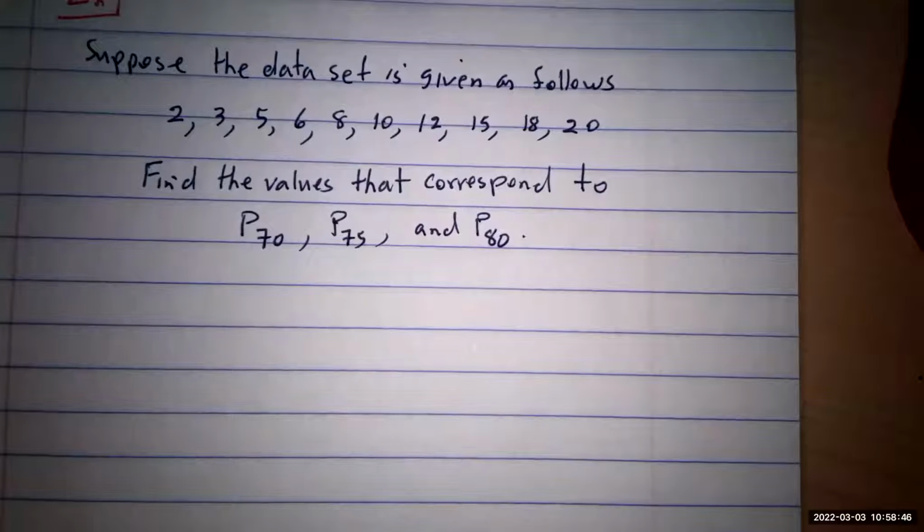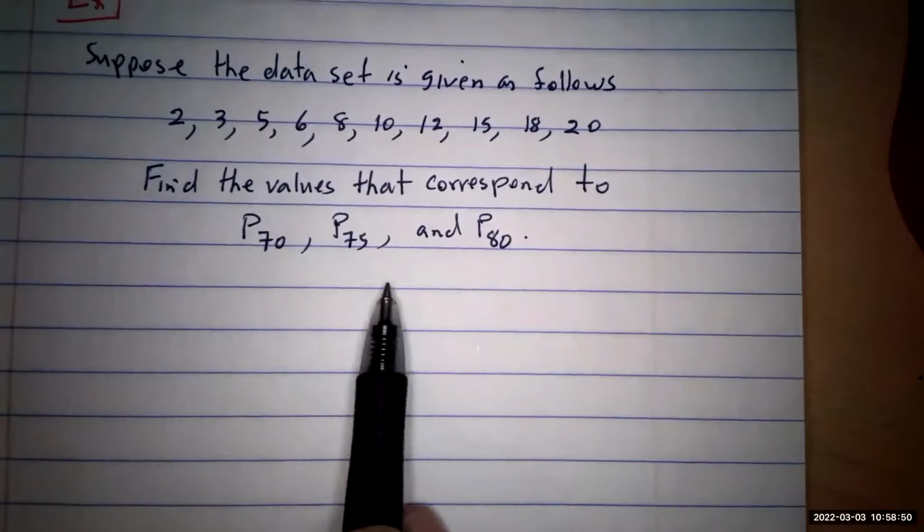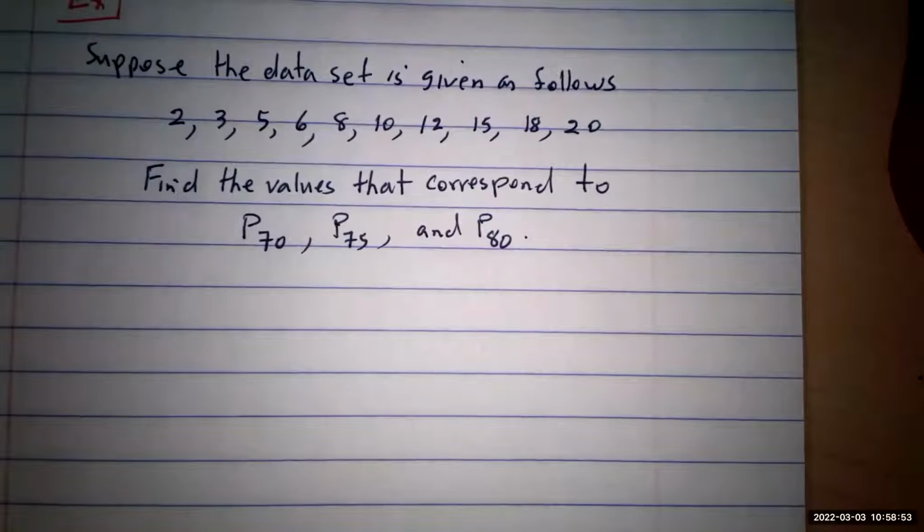So the ranking is given to you: the rank K is equal to 70 here, K equal to 75, and K equal to 80. So we want to find the values, the numbers.